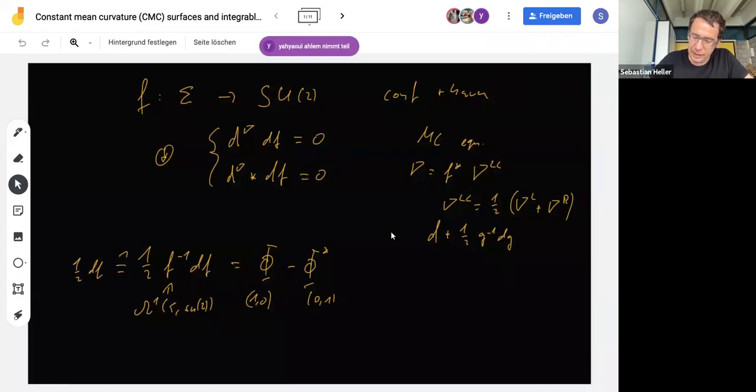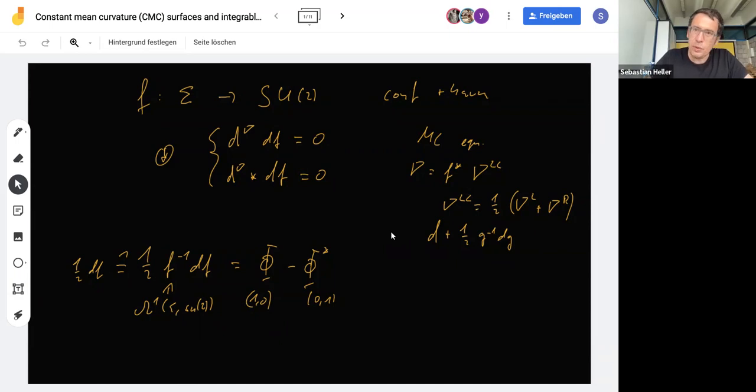From that we get a curvature condition, namely the curvature of our connection, with a minus sign here, minus 1/2 phi wedge phi star is 0. This can be seen again as the Gauss equation for our surfaces.